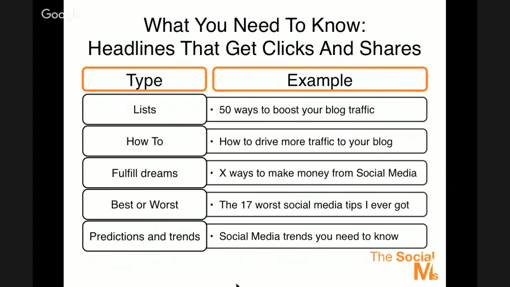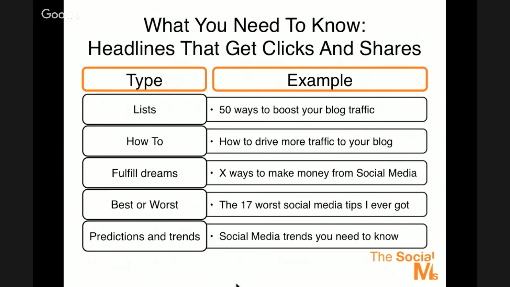That's lists. You've probably seen thousands and thousands of list posts. And the larger the number in the list, the more clicks and shares you usually get. Another type of headline that really works well are explanations, like how to do something, how to drive more traffic to your blog, how to make a perfect headline for your post.